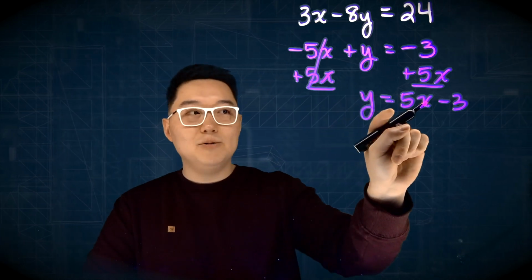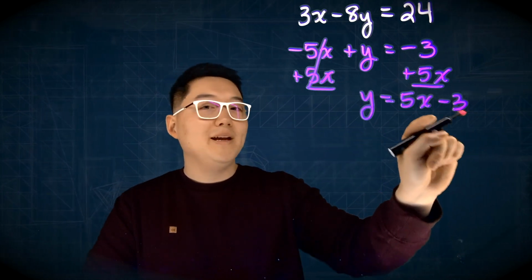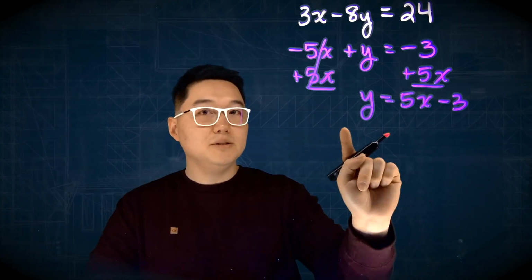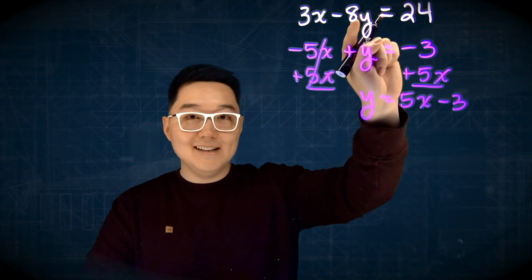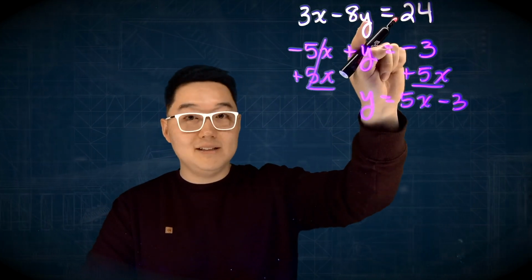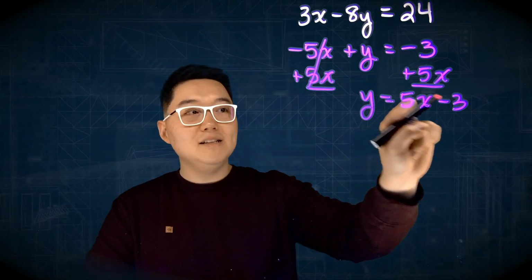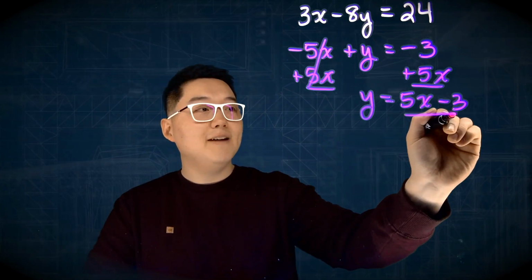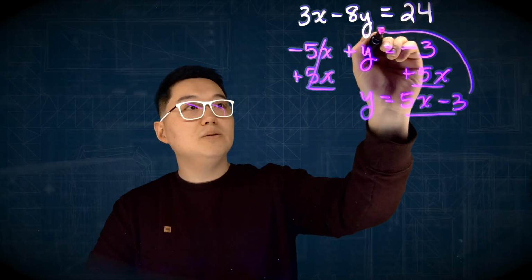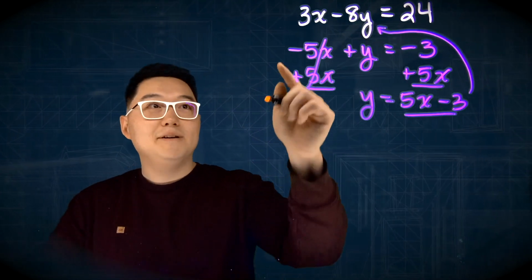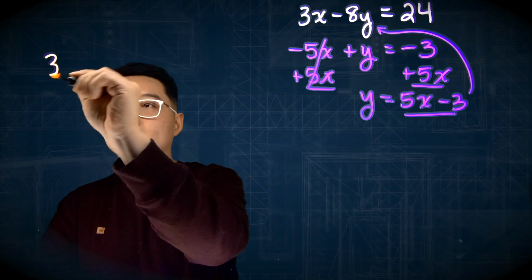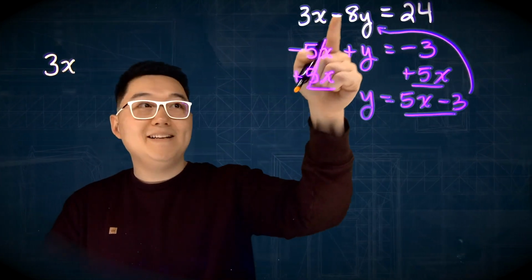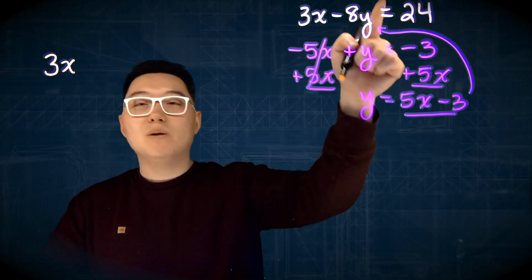Since y is equal to 5x minus 3, we now have a substitute for the variable y into our first equation. So we can substitute 5x minus 3 into y. So now what do we have? We have 3x minus 8 times y.